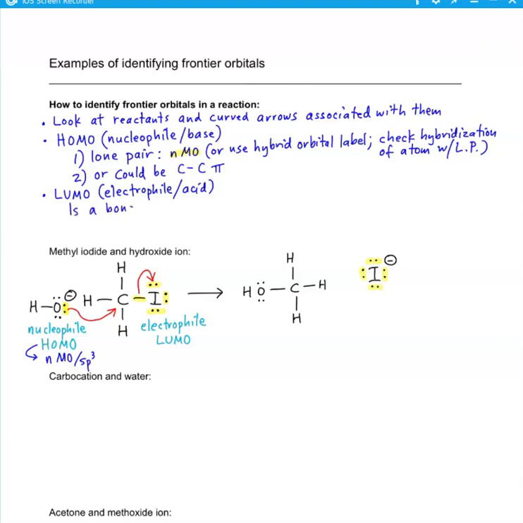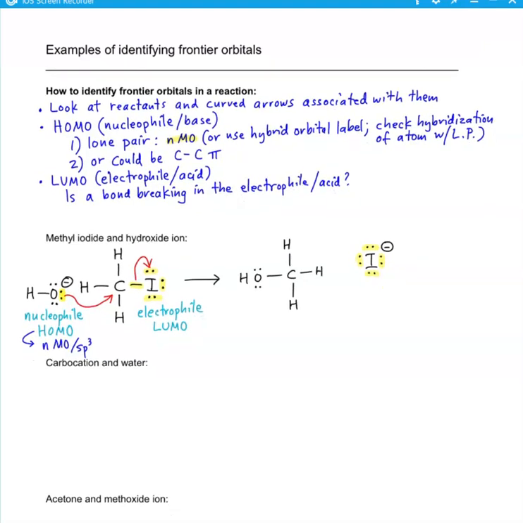Is a bond breaking in the electrophile? So is a bond breaking in the electrophile, or if it's an acid, the acid? So to find that out, you go back to the mechanism. And what you see is the following.